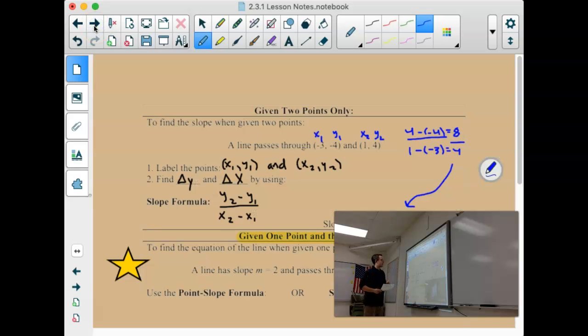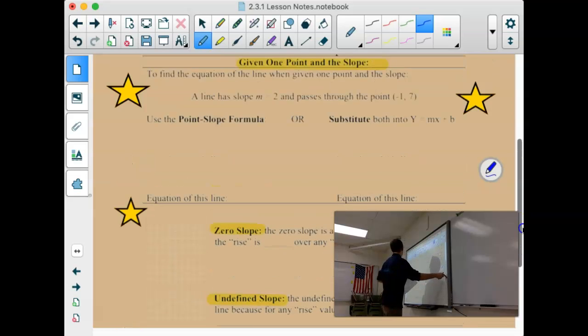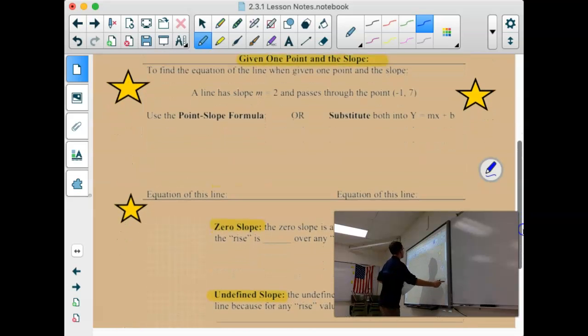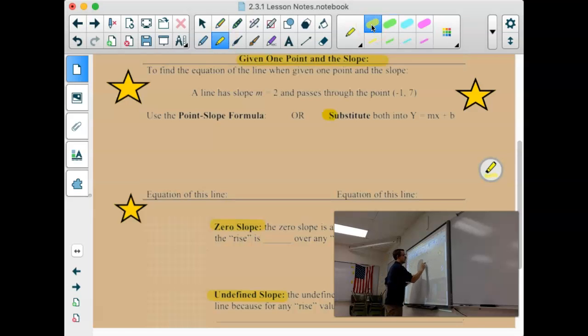So last thing for today before we wrap up is toolkit time. So we have a couple different ways we can figure out the equation of a line given one point and the slope. The one that we talked about the most today was substituting into y equals mx plus b if we know both the slope and a point.